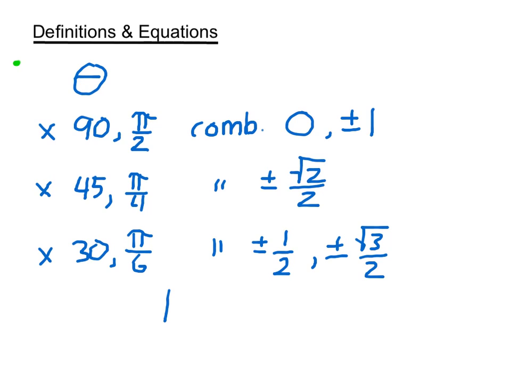Also, let's not forget that tangent can be found by dividing sine of theta over cosine of theta. So not only can we calculate sine and cosine based on the x and y coordinates, we can also calculate tangent.